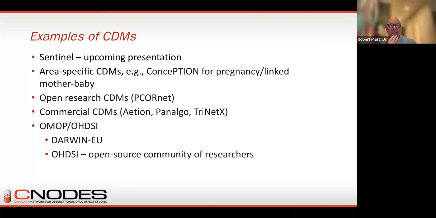This is the approach that's being taken by the Darwin EU project, which is the European equivalent of CNODES, and it's also taken by the Odyssey group, which is an open source community of researchers, both academic and industry researchers working together to develop these data. Next slide, please.